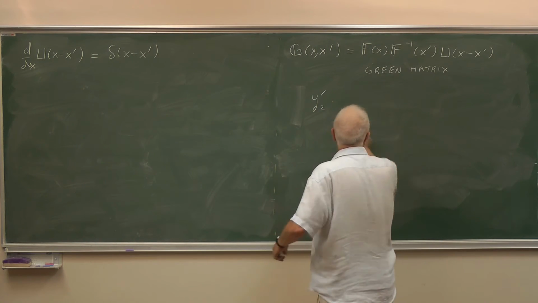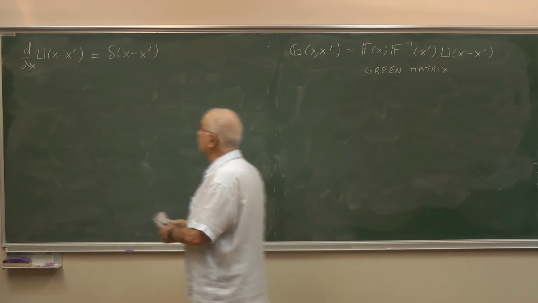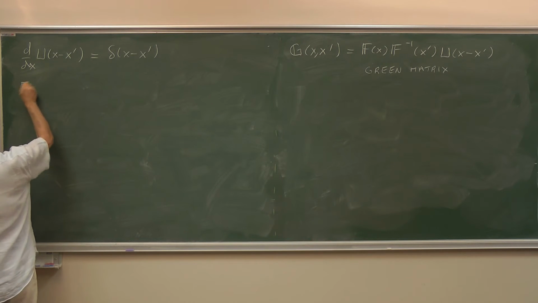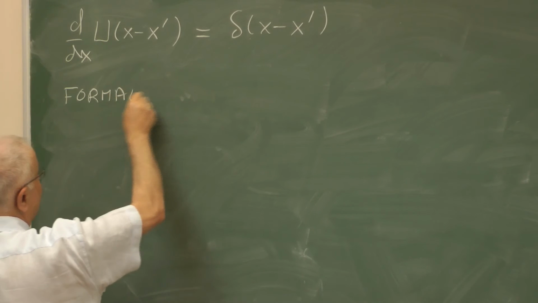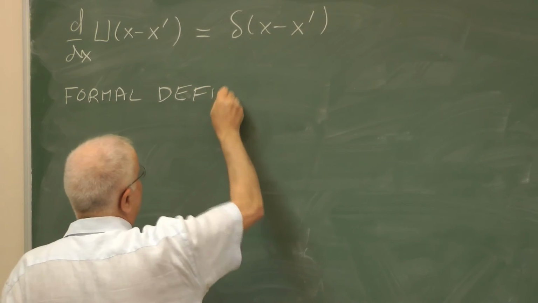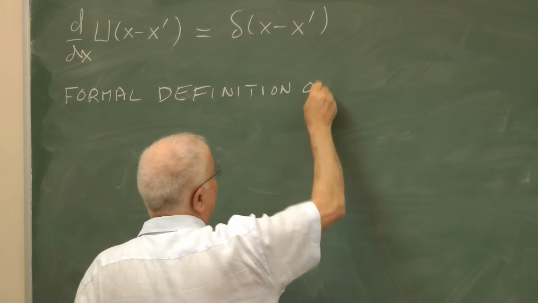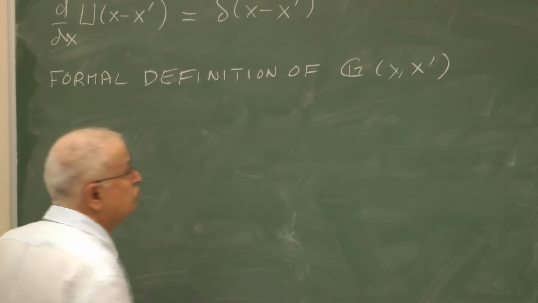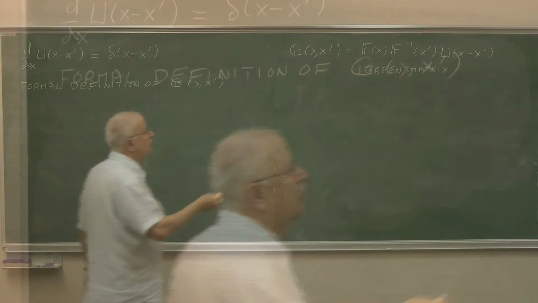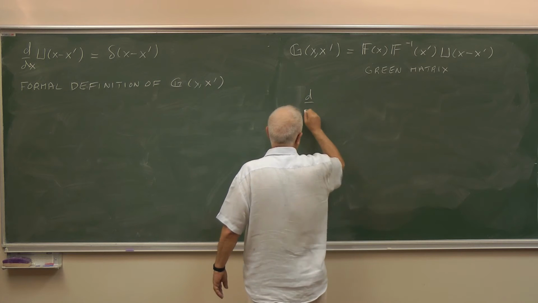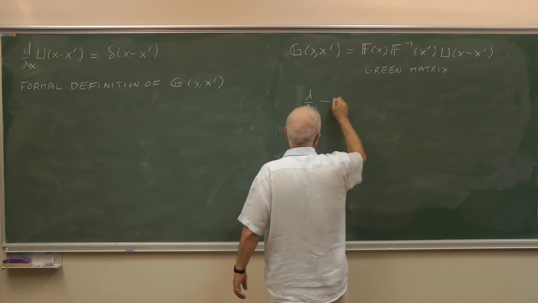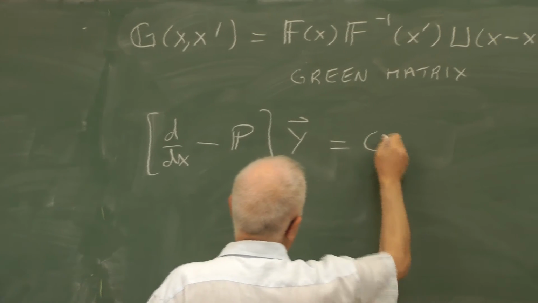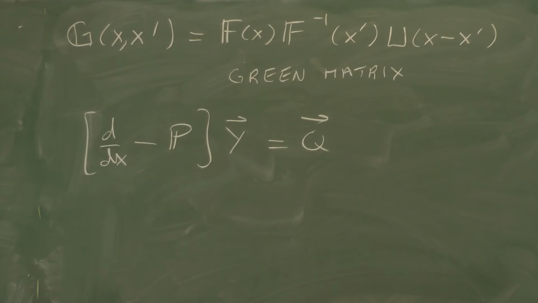do a little bit of formalism. A formal definition of Green's matrix for the d dx minus p y equals q problem.